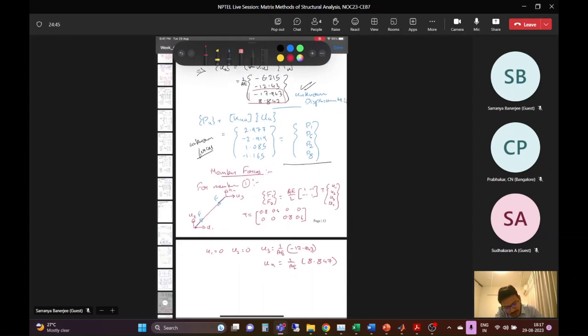We know AE by L. We know this matrix, 1, minus 1, minus 1, 1. We know T. We can easily find F1 and F2. And if we want to make our jobs easy, we can only find one, because the other one would be the negative of that. But still we need to check whether our answer is positive or negative.